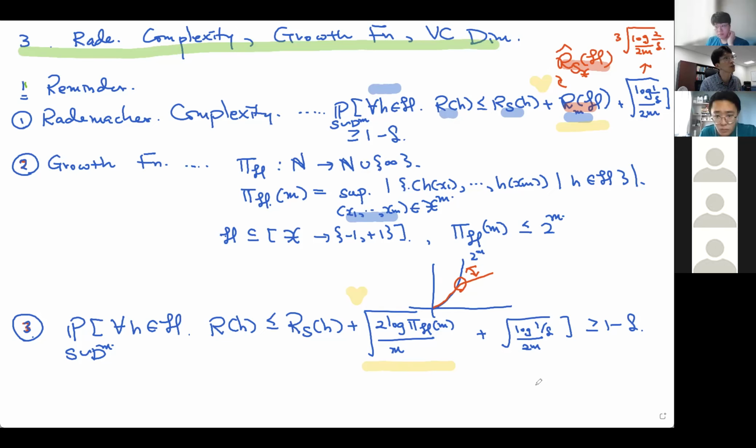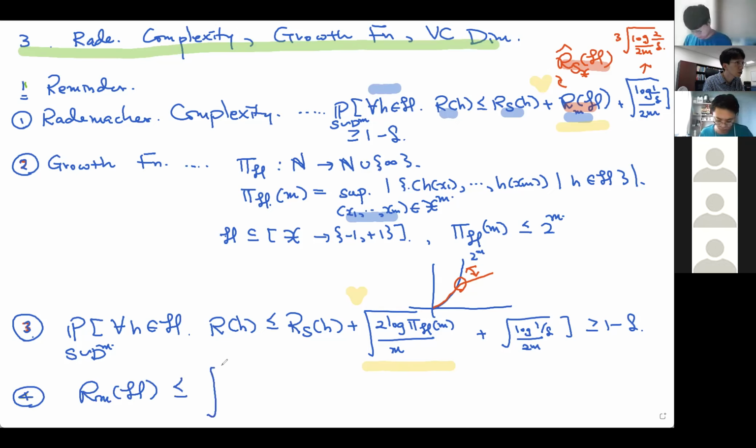Now the question is how we can show the key step: that the Rademacher complexity of H is bounded by a square root. So how can we prove this?